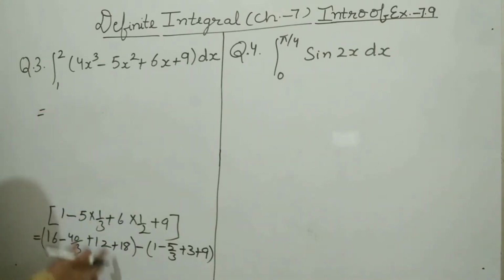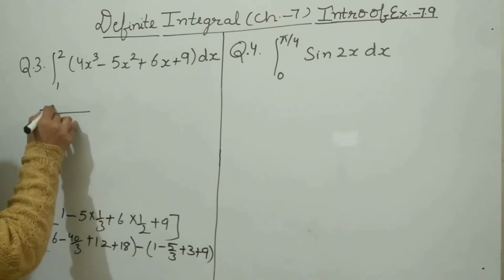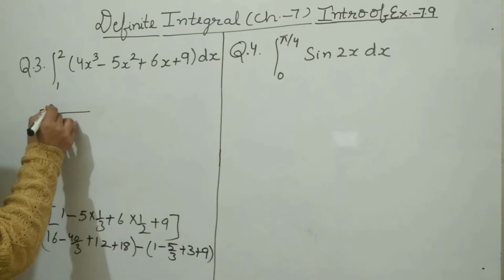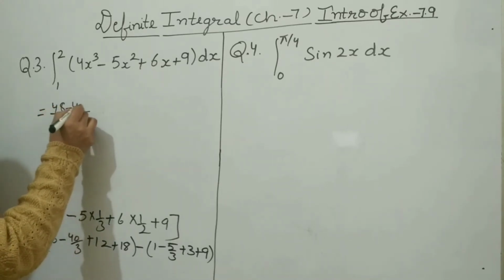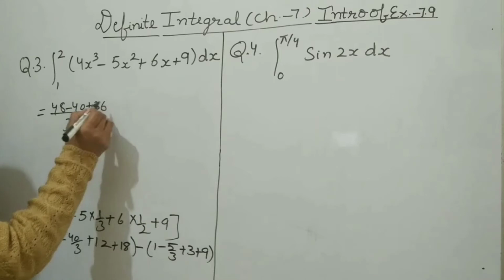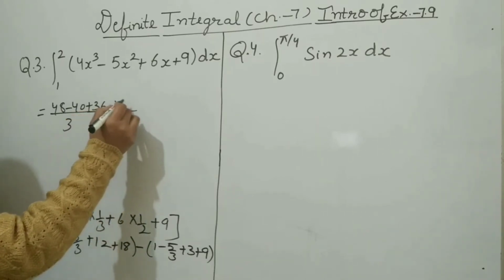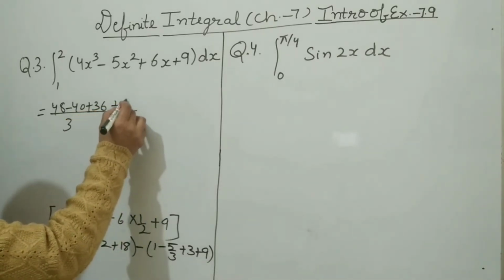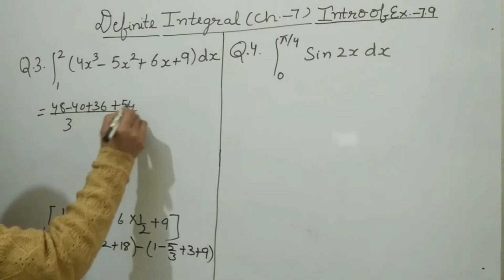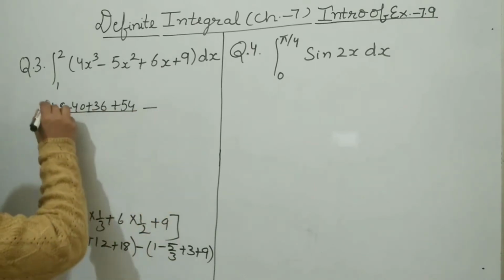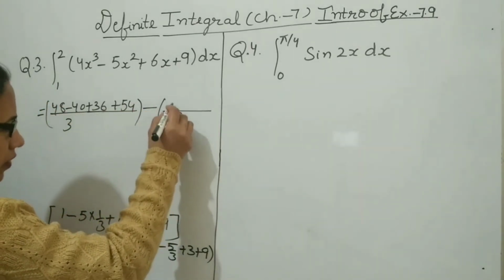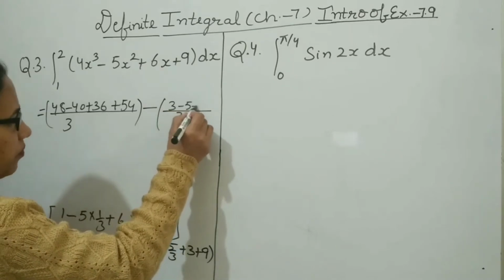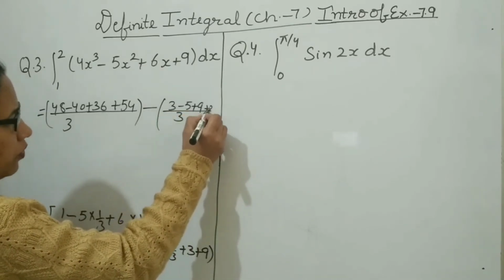If we take the LCM 3 for solving this, so 16 times 3 is your 48 minus 40 plus 12, 3 times 12 is 36, plus 18, 3 times 18 is 54. Then take this negative sign for next bracket. Here also the LCM is 3. 3 minus 5 plus 9 plus 27.